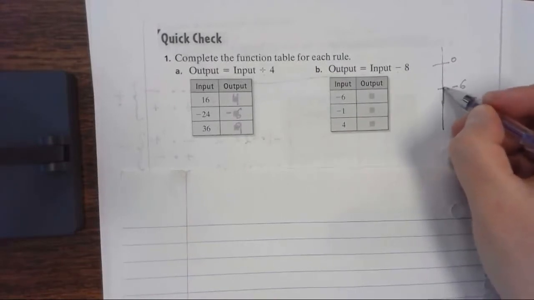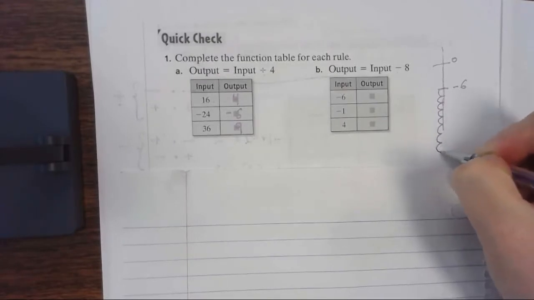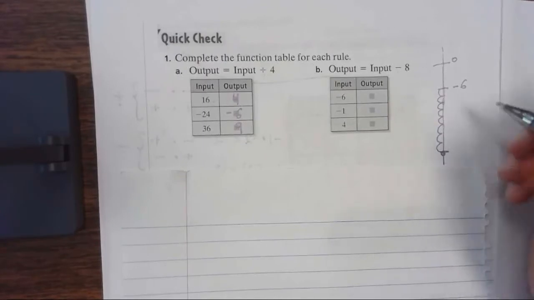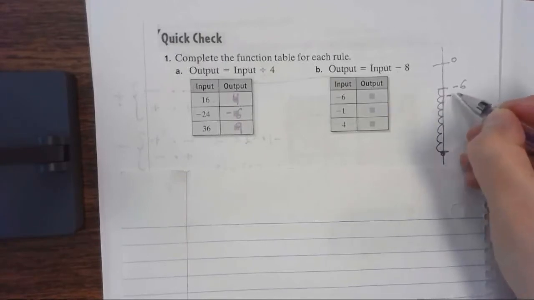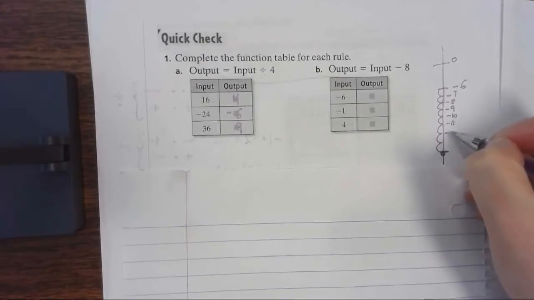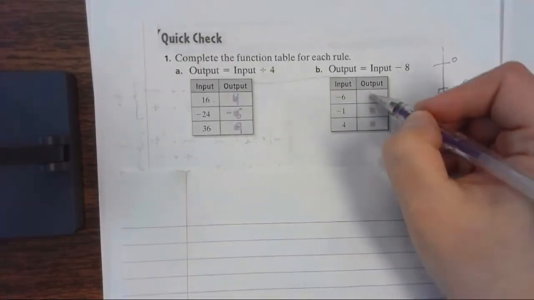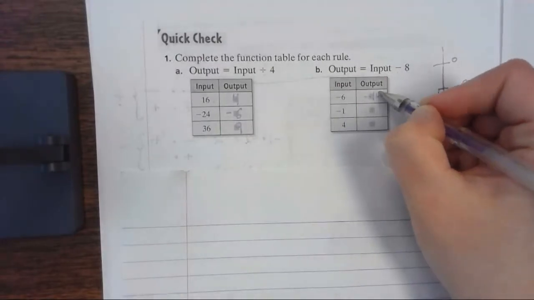So going down 8: 1, 2, 3, 4, 5, 6, 7, 8. What temperature would I get here? Negative 7, negative 8, negative 9, negative 10, negative 11, negative 12, negative 13, negative 14. Okay, so the output will be negative 14.